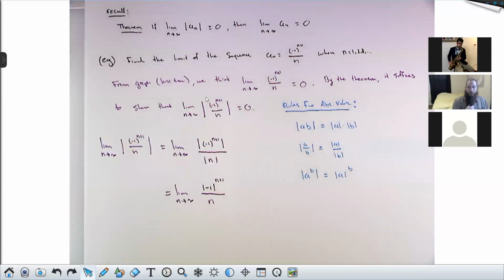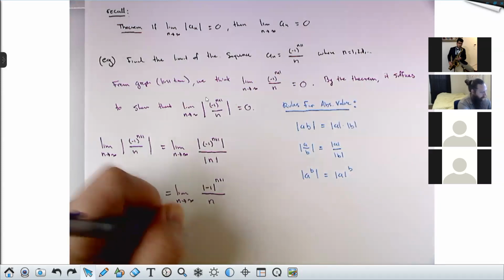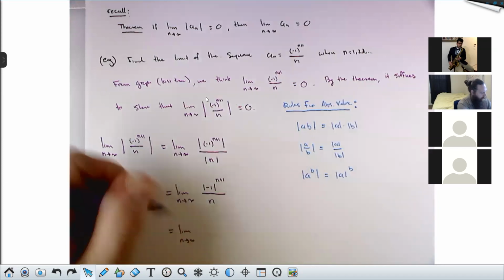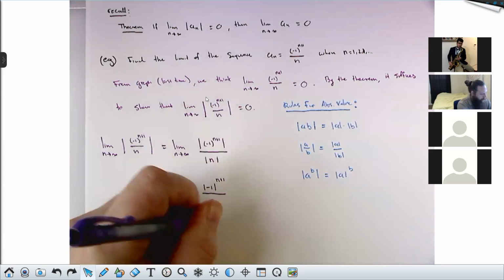All right, so powers pop out of absolute values as well. What is the absolute value of -1? 1. So this is the limit as n goes to infinity of 1^(n+1) over n.